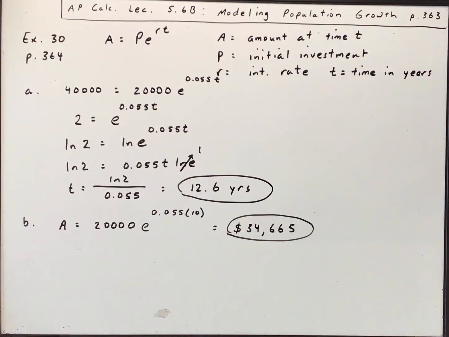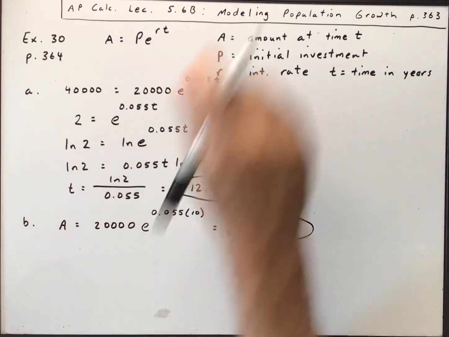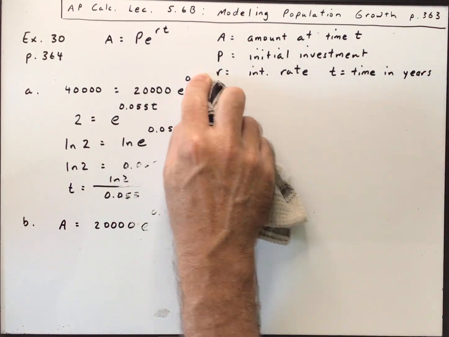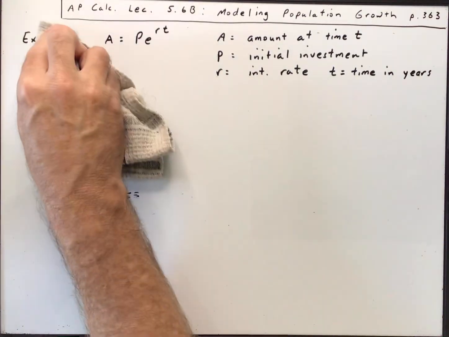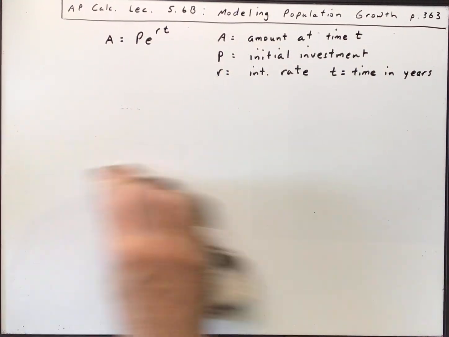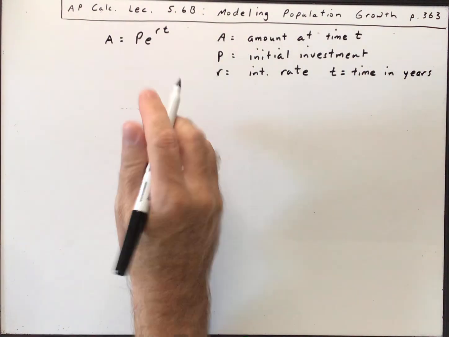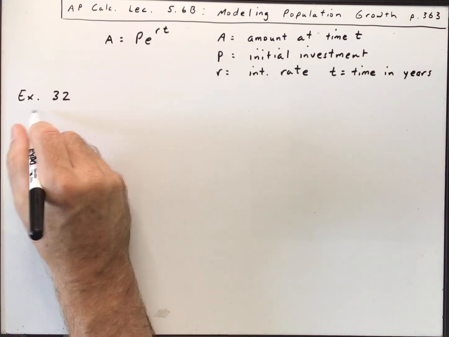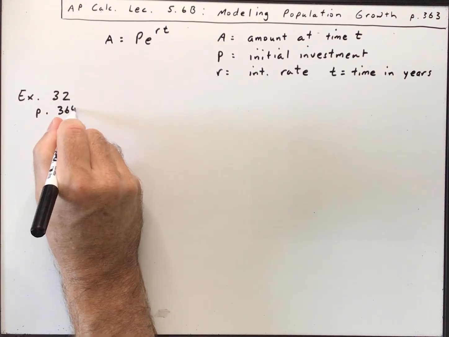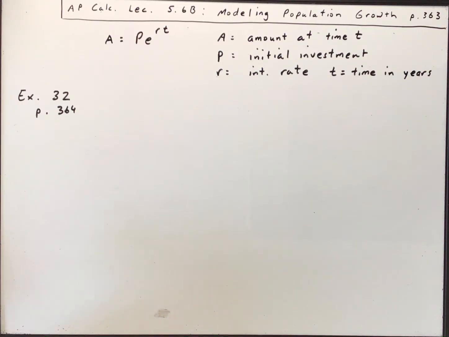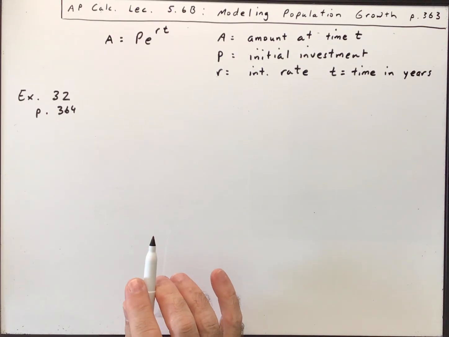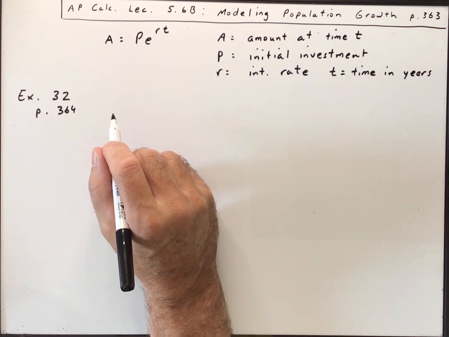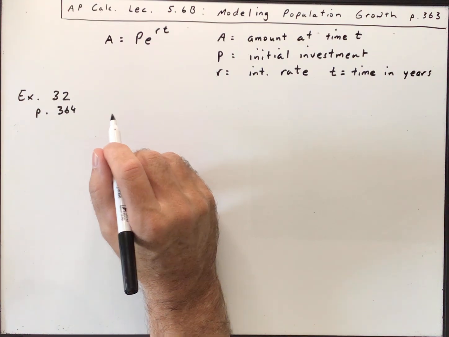Okay, let's look at number 32. And I'm going to have to clear the board here. So for 32, we want to find the rate and the amount after 10 years. Okay, so in order to find the rate, we know the time to double is 5 years, right?